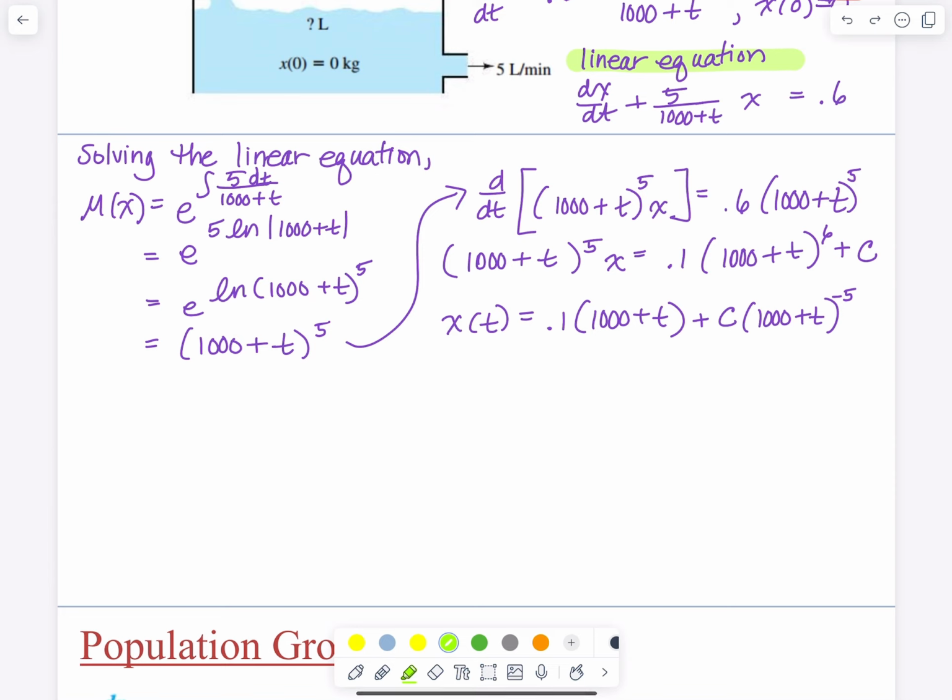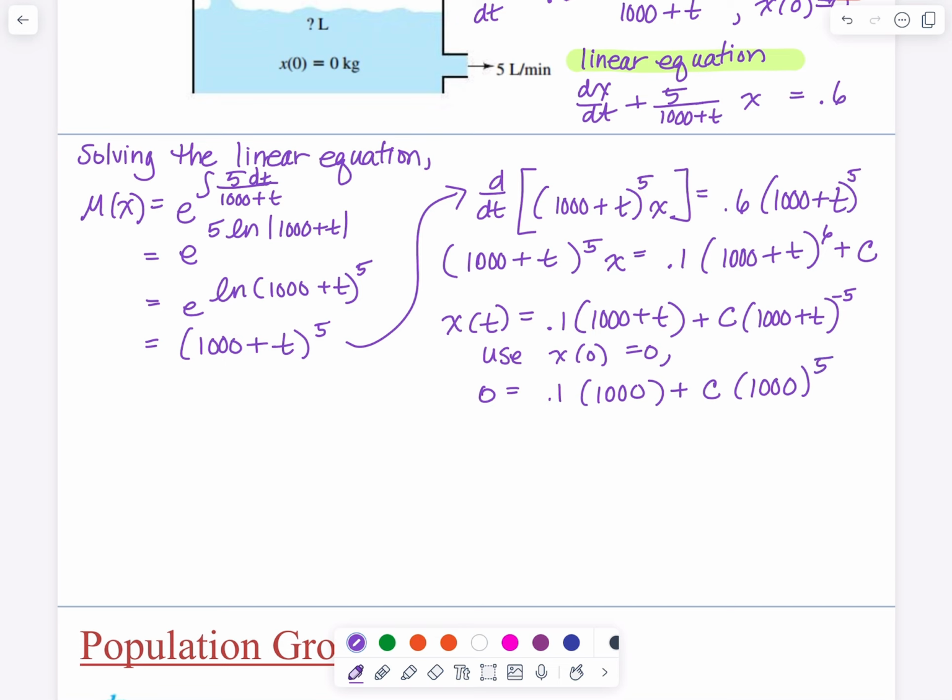Okay, so now using the initial condition, and that would be the negative 5th power.